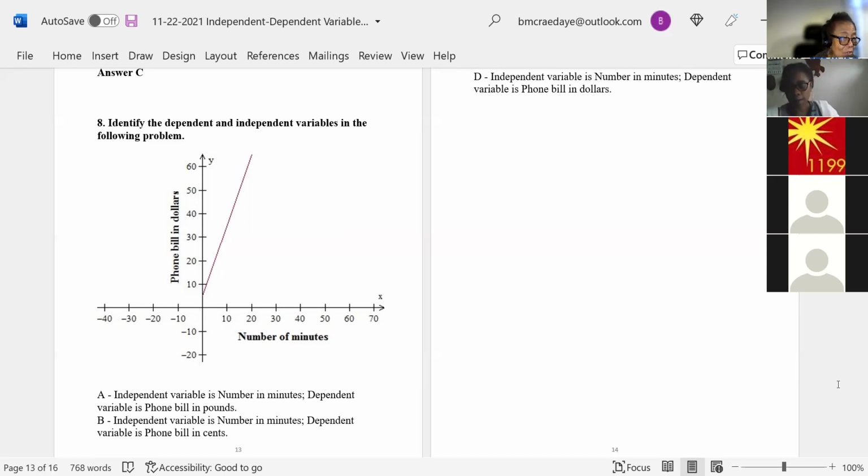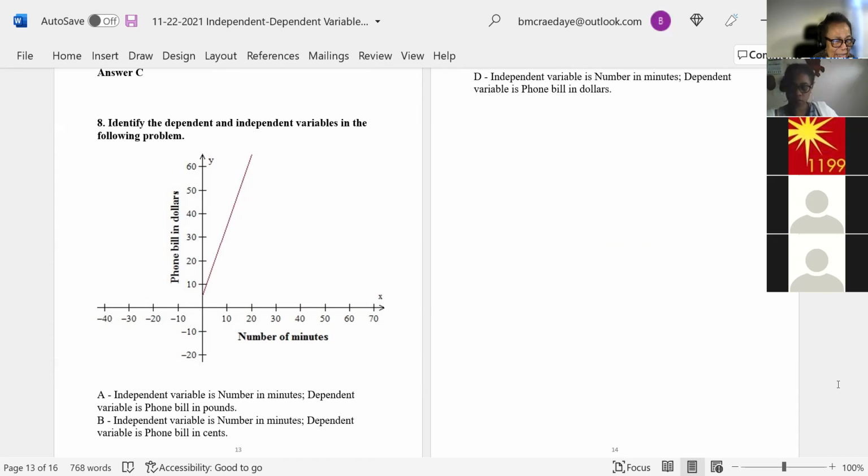The phone bill in dollars that you pay, or the number of minutes you use? Which one is dependent? The number of minutes you use. The number of minutes you use is dependent upon your phone bill in dollars? Yeah, because it's the amount of minutes you use, you have to pay for the amount of minutes.